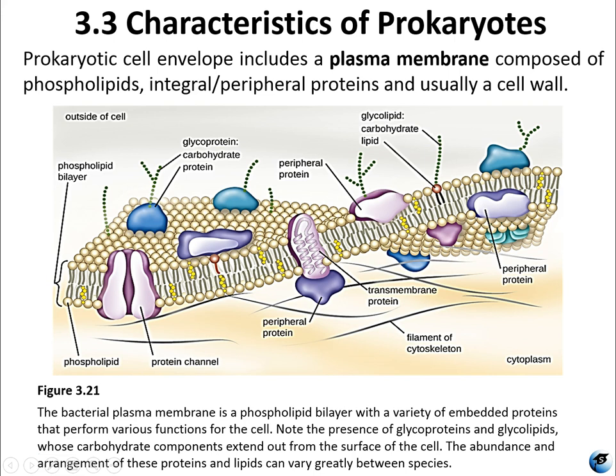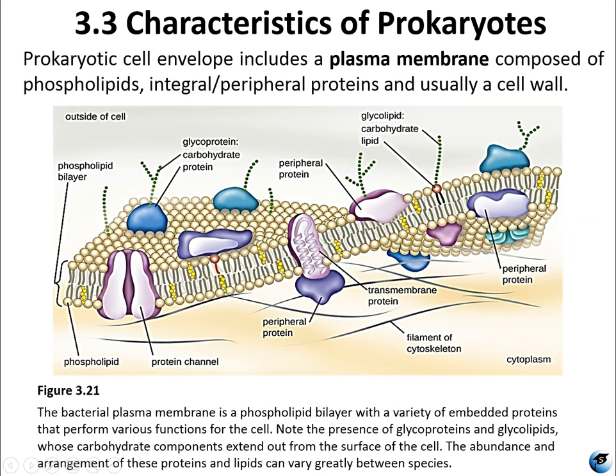Prokaryotic cell envelopes include a plasma membrane. The plasma membrane is composed of phospholipids, and it is a phospholipid bilayer with polar heads and hydrophobic tails. They have integral and or peripheral proteins. A lot of prokaryotes also have a cell wall.